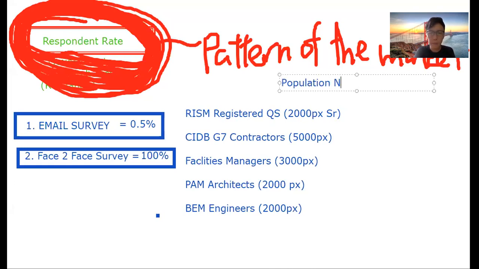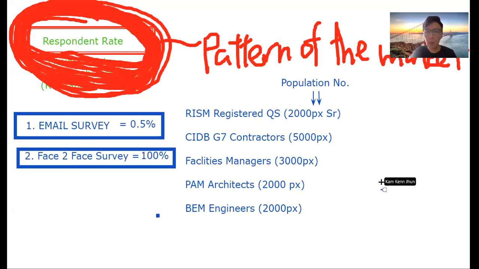Until here, okay? I want you to pay attention. If you don't pay attention, later you don't know what we discussed, then you'll come to me, and I'll say, sorry, these are your population numbers. We don't talk about sample size, we talk about the response rate.